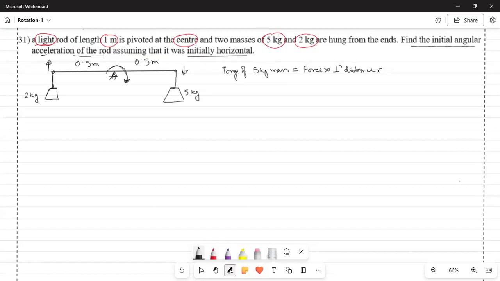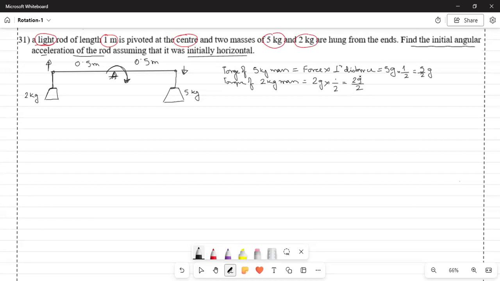This is equal to, force is here 5g and perpendicular distance is half meter. So this is 5g by 2. This is the torque. And the torque of the 2 kg mass similarly is 2g multiplied by half, equal to 2g by 2.